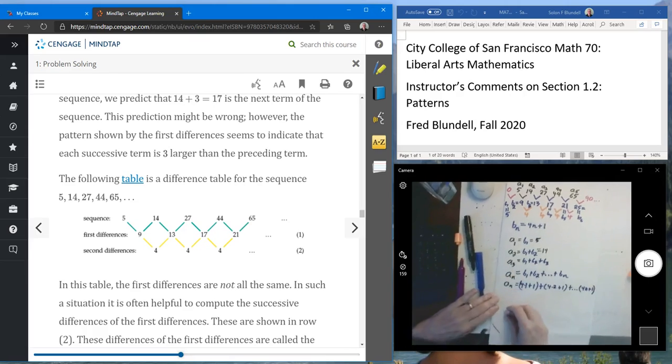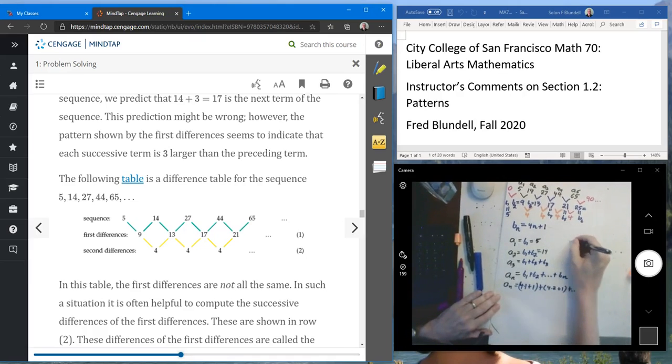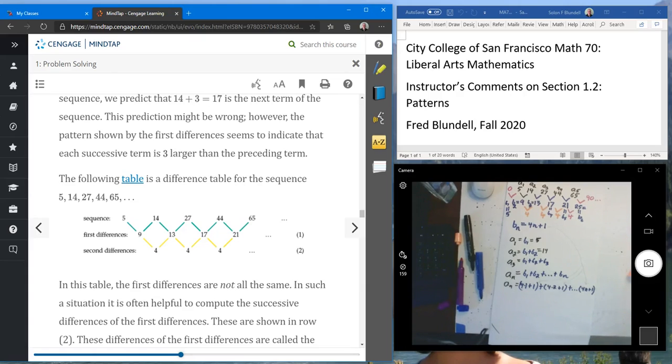I'm just getting these from up here, for n in general, or n equal 2, or n equal 1, or n equal whatever along the way. Okay, so this is going to simplify down real nice.